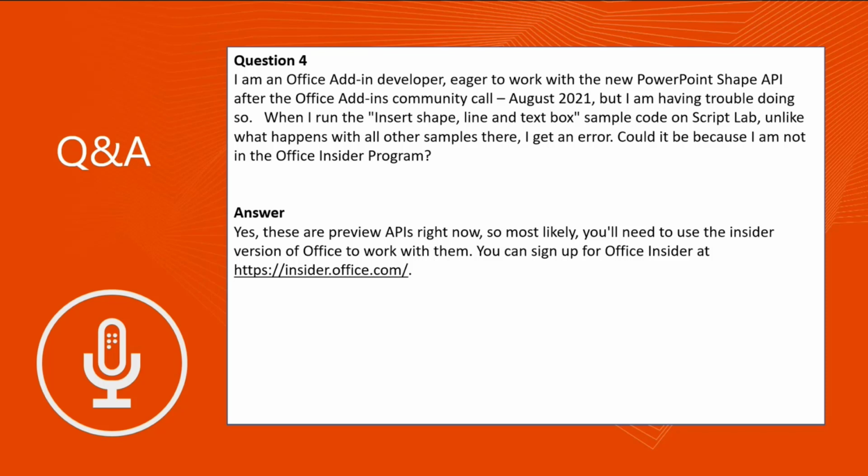Could it be because I'm not on the Office Insider program? And yeah, most likely you're going to need the Office Insider program. You need to sign up for that because those are preview APIs at the moment. So you need to get to a preview build to use those. I put a link here to insider.office.com where you can sign up for that. And of course, you can use that on your dev tenant if you're working with a dev tenant, and access those APIs.